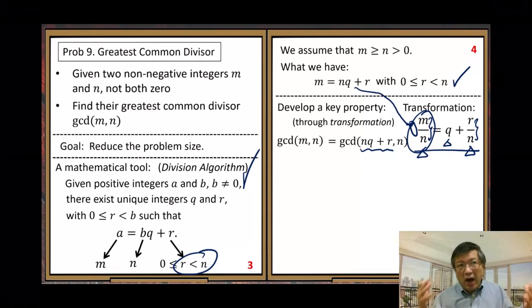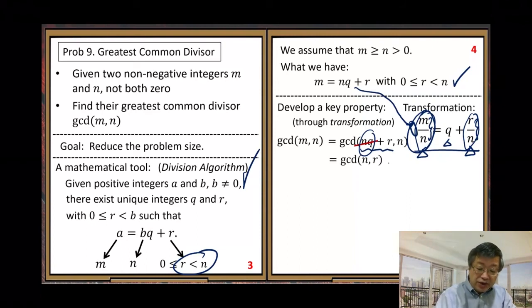With this kind of analysis, we have the conclusion: the GCD of the two fractions in that equality should be the same. That is our key property. So we can cross out the nq part, no impact, no interference.